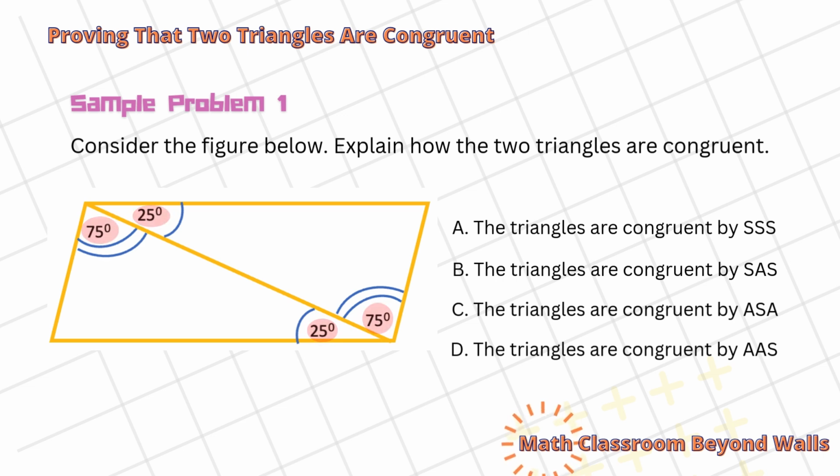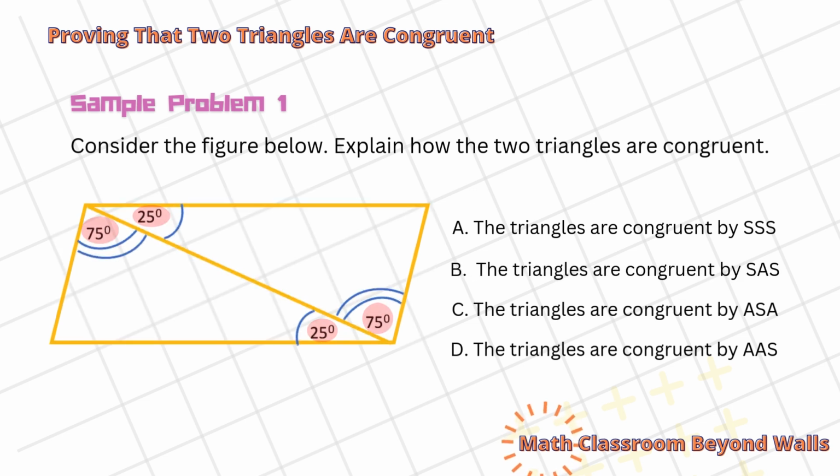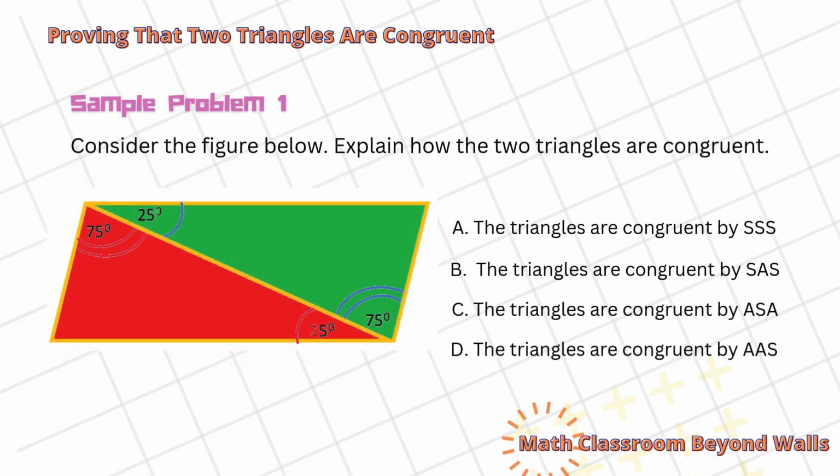Now, we examine carefully the illustration. How many triangles do you see here, learners? Right, there are 2 triangles. How will you describe the 2 triangles? Okay, the 2 triangles are drawn such that one side is shared by the 2.